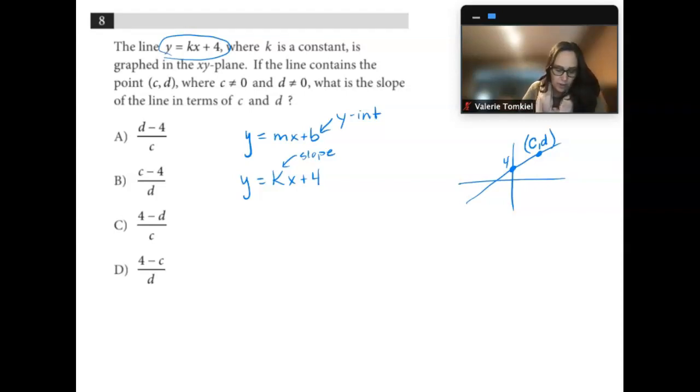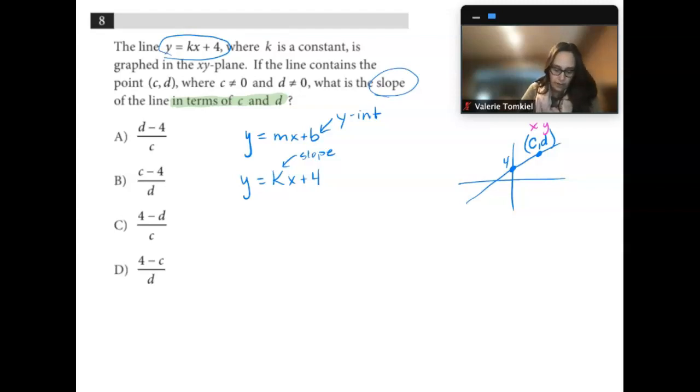First, I just want to talk about this. In terms of c and d means a c variable and a d variable can be in my answer. So I'm looking for what is the slope? Well, I know slope is k. I also know that c and d are the x and y coordinates of a point contained on this line.